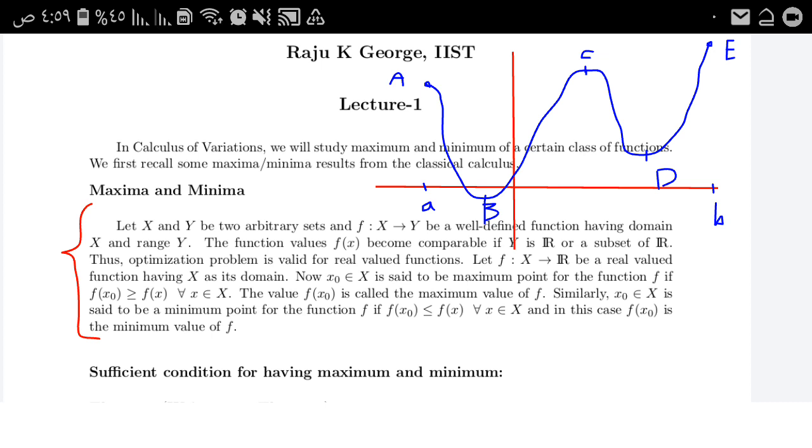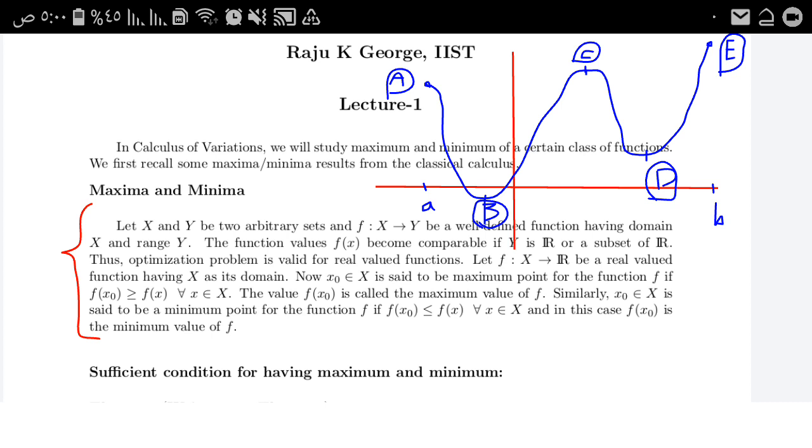So, which point is absolute minimum? Between the points A, B, C, D, and E, which point is the absolute minimum?